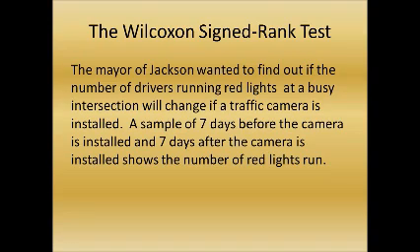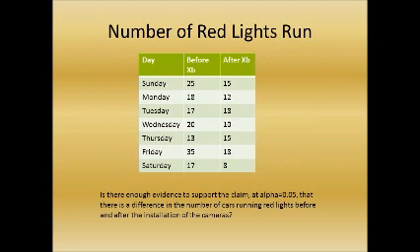A sample of 10 days before the camera is installed and 7 days after the camera is installed shows the number of red lights that have been run. Here's a chart. Is there enough evidence to support the claim at the 0.05 significance level that there is a difference in the number of cars running red lights before and after the installation of the cameras?